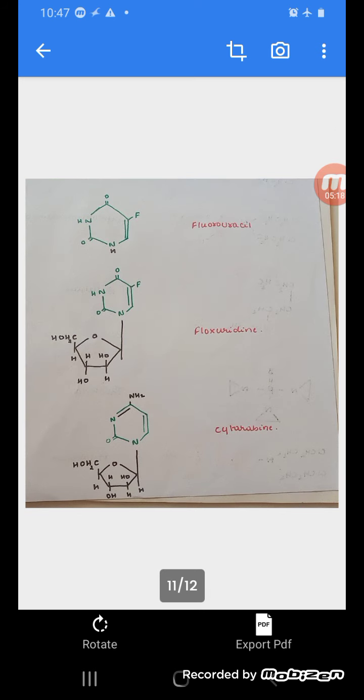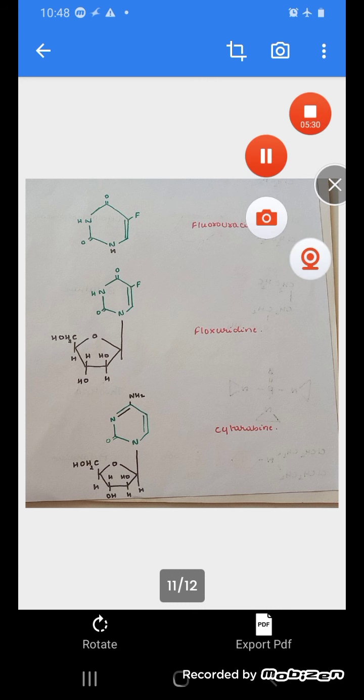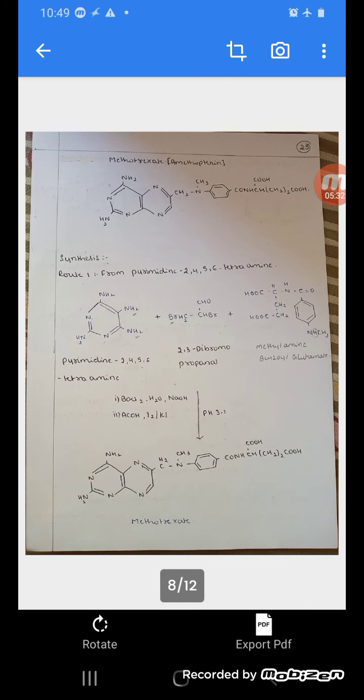In this image, we can see the structural difference of pyrimidine analogs, that is 5-fluorouracil, floxuridine and citarabine. Coming to the last subclassification, it is folic acid analogs. Examples are methotrexate and azathioprine.